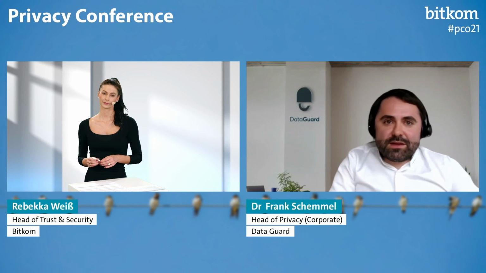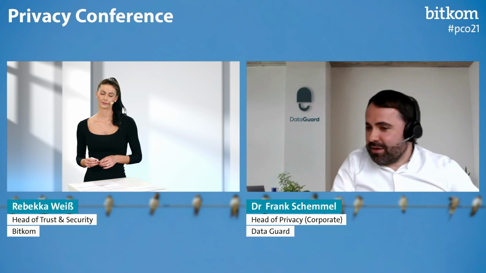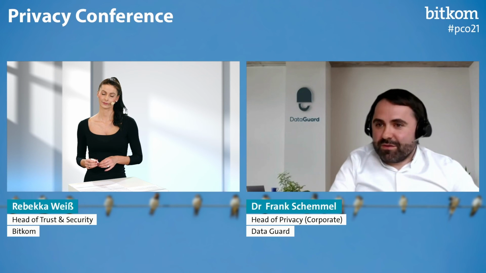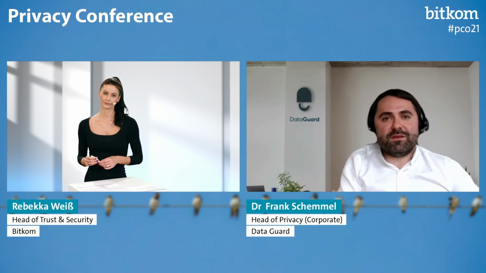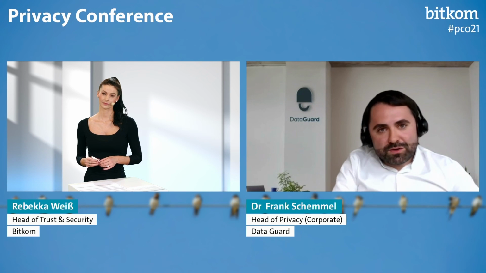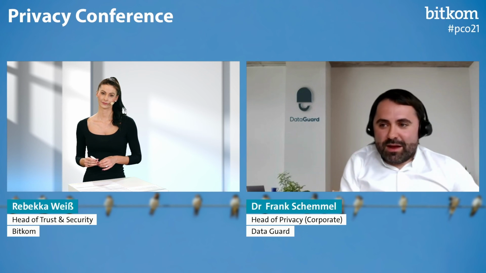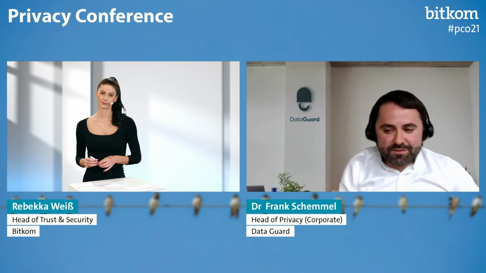And we at DataGuard have a privacy policy generator, not only for websites, but for apps, for platforms, for web shops, Facebook fan pages, and so on. So you can automate that, and don't have to build it from scratch.